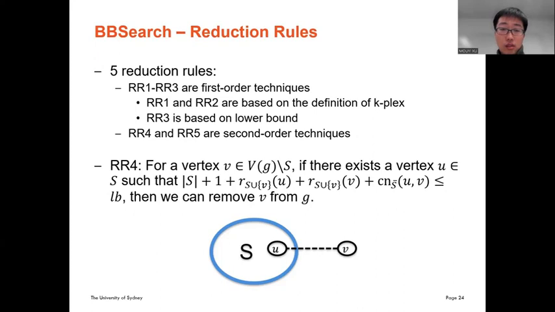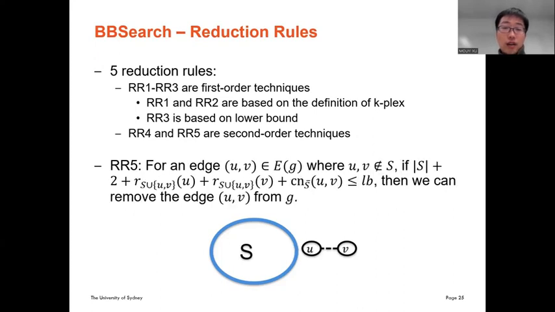If it is not, then we remove V from G. Reduction rule 5 considers the condition that both U and V are outside S. We check if adding U and V inside S has an upper bound greater than the lower bound. If it is not, then we remove the edge between U and V.